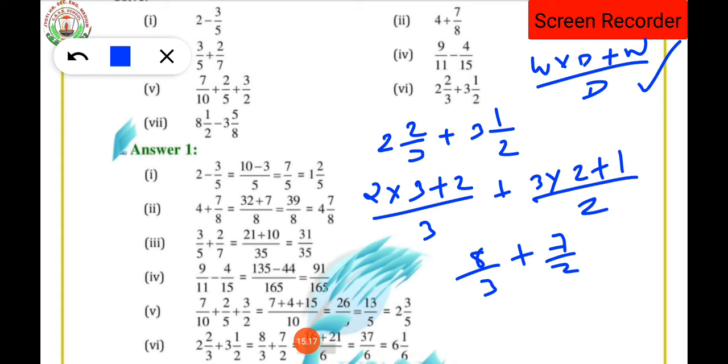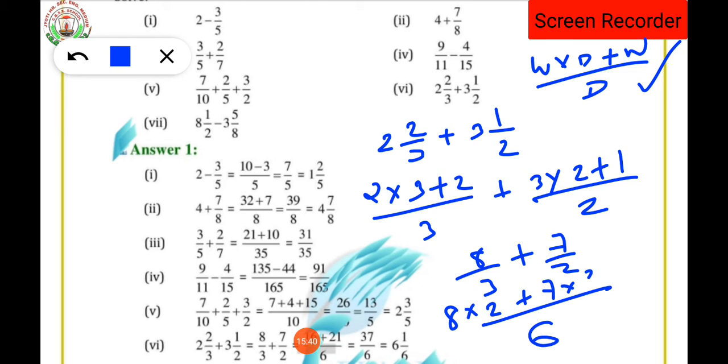Now look, 3 and 2 in the denominator are unlike terms. Taking the LCM of this, you will get 6. So 6 comes in the table of 3 how many times? It comes 2 times. So that 2 will be multiplied with the numerator 8. Now 6 comes in the table of 2 how many times? That comes 3 times. So that 3 will be multiplied with the numerator 7.